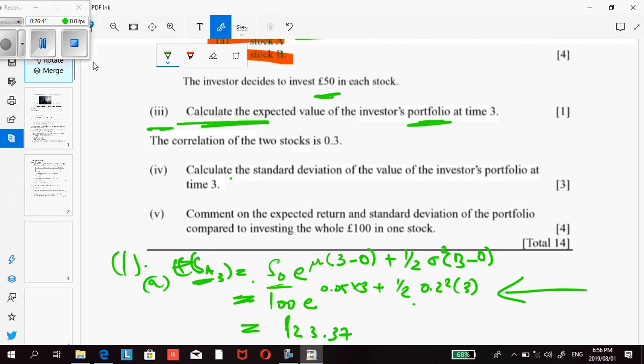So you know in general that the expected value of any portfolio is the proportion invested in A multiplied by the expected value of A plus the proportion invested in B multiplied by the expected value of B. Obviously, if we had three stocks, we're going to have plus the proportion invested in C multiplied by the expected value of C. But here we have got two stocks, so the expected value of our portfolio will have two terms.